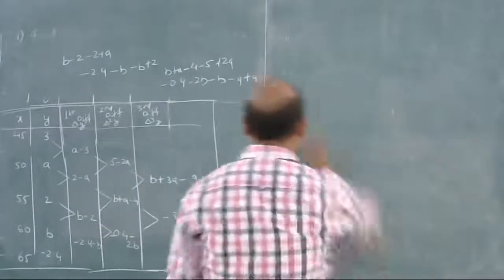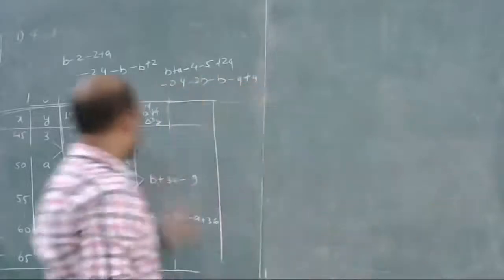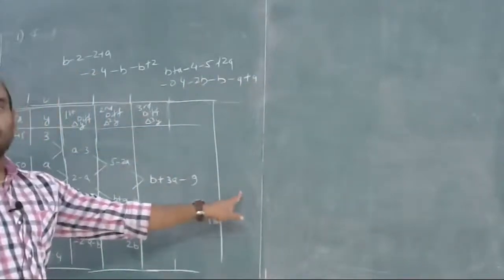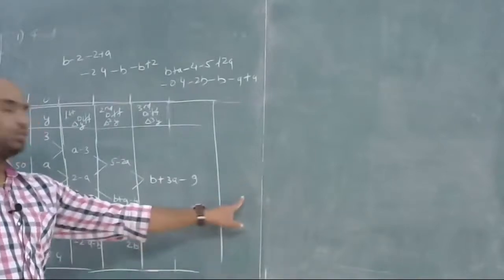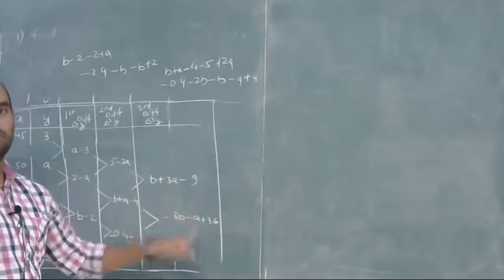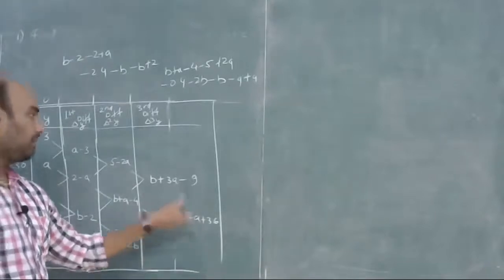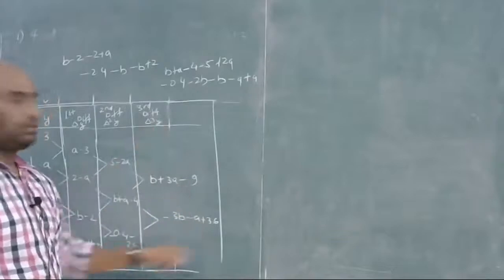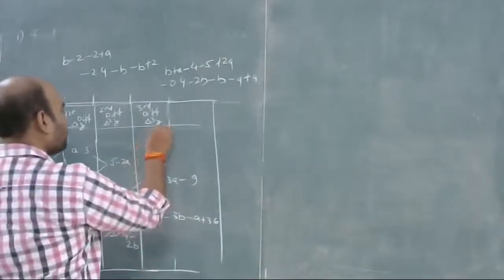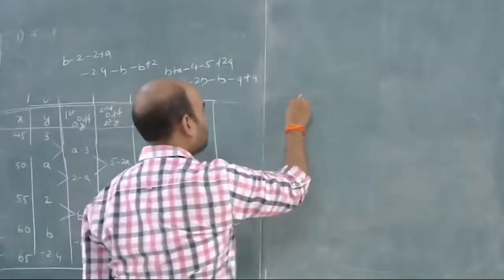If you go for a fourth order, you will get only one equation. So you can't solve a and b using one equation. Okay, so we will stop here, and we will find the value of a and b by equating this higher order, third order difference, to 0.